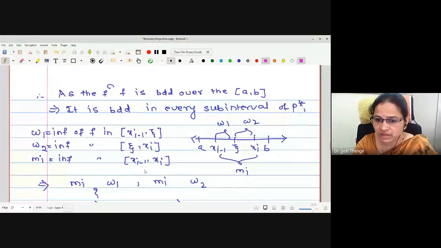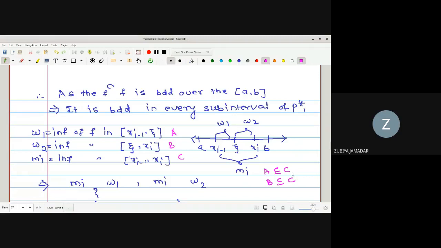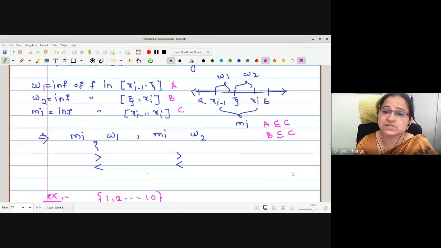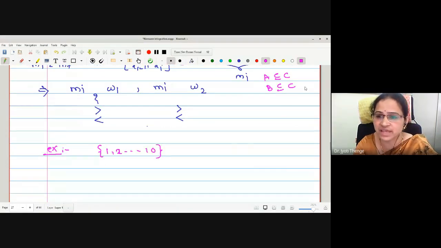Suppose the set I am considering is the original interval, na? This is a subset of the original interval. Okay, if I call this set A, set B, and set C. Therefore, may I say A is a subset of C and B is a subset of C. Correct, na? Now let us take the same example.